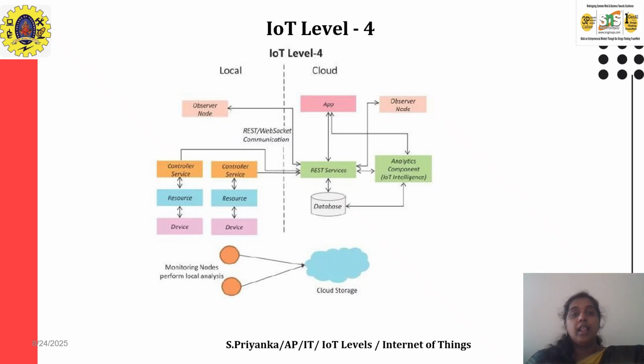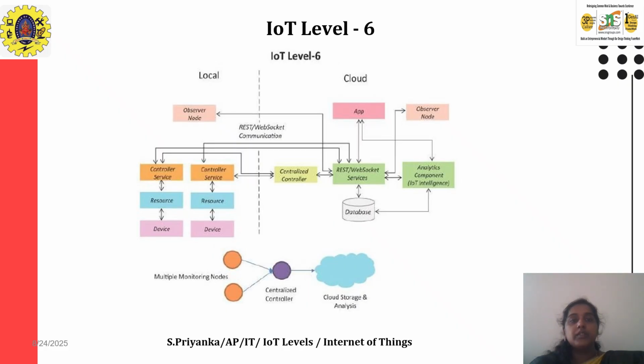Next, coming to the last level, level 6, it has multiple independent end nodes that perform sensing and actuation and send data to the cloud. Here the data is stored in the cloud and the application is cloud-based. The analytics component analyzes the data and stores the result in the cloud database.